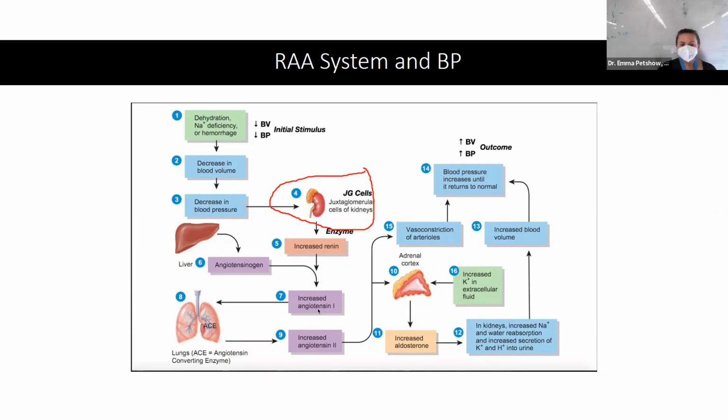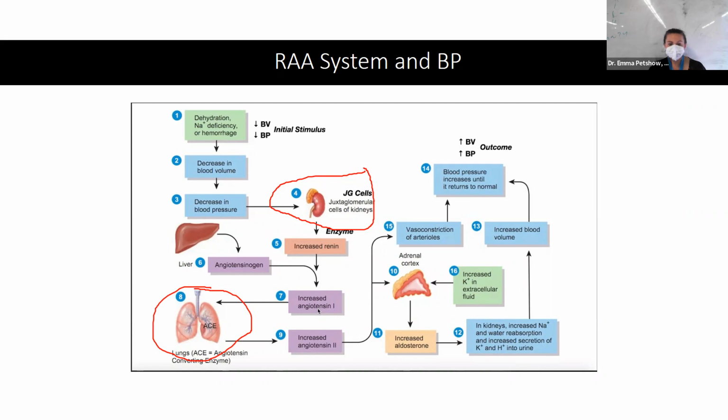When angiotensinogen sees renin, it converts to angiotensin 1, which will act on the lungs to produce angiotensin converting enzyme. That's what ACE stands for, which then produces angiotensin 2. Like I said, this occurs in the lung tissue. It also does occur locally in the kidney. Then our angiotensin 2 is going to have all these different actions like we talked about.